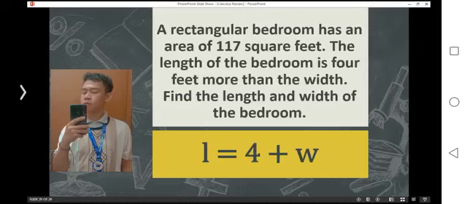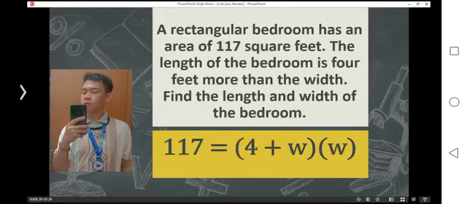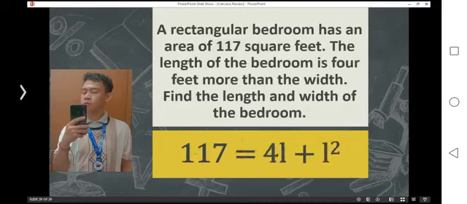Next, area, 117, is equal to length, which is 4 plus w, times w. Apply distributive property of equality to get 4w plus w squared.